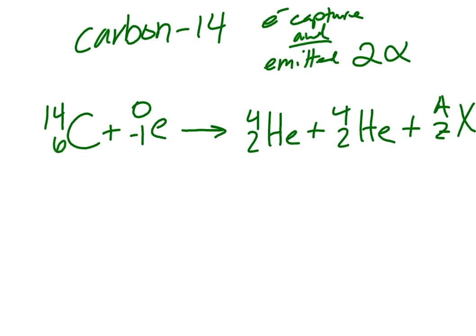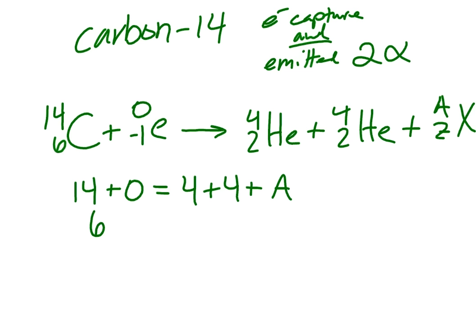So let's go ahead and take a look. Looking at my top numbers, 14 plus 0 is equal to 4 plus 4 plus A. And then my bottom number is 6 minus 1, or plus negative 1, equals 2 plus 2 plus Z. So in this case, I have 14 minus 8, which is going to be 6.